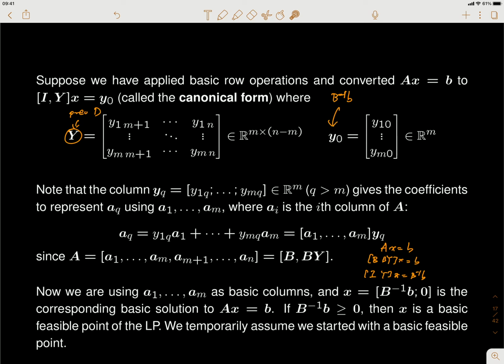That means we already reached some solution like this, where this is greater than or equal to 0, and we're assuming that we're already at one of the vertices. And then we consider how to move to the next basic solution, or to the next vertex. Later on, we're going to show how to find the first basic feasible point.